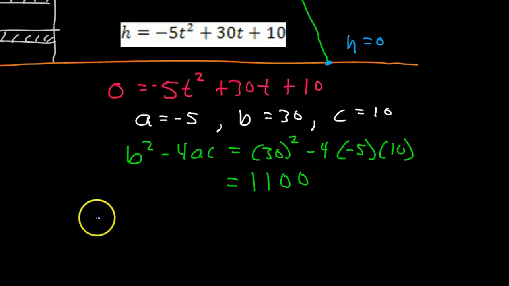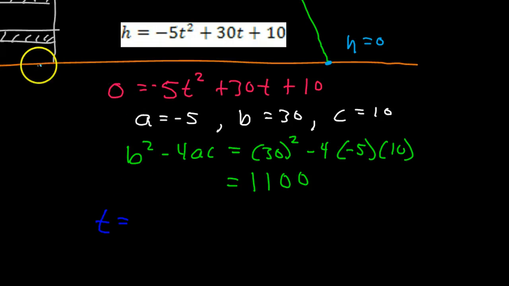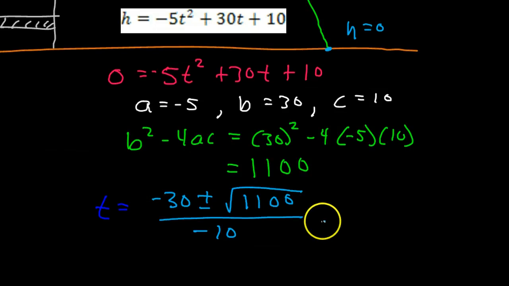Okay, so now we can go ahead with the rest of the quadratic formula. We're using t's, so I'll use t's. So we'll do the opposite of b. Alright, b is 30, so that makes this negative 30 plus or minus the square root of b squared minus 4ac, which we already calculated, all over 2a. A is negative 5, so 2a is negative 10.